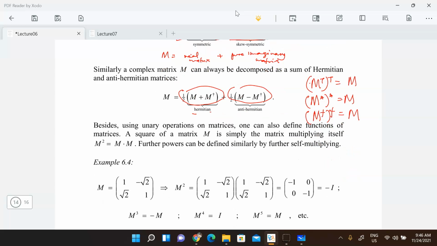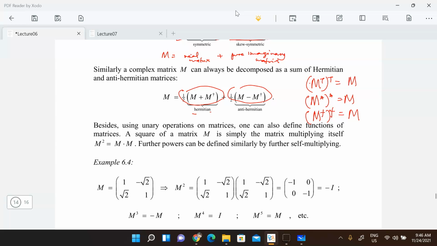Now, what other unary operations can one actually try to do? Well, one other possibility is to have a square. You multiply the matrix with itself. That gives you a new matrix, which we call M squared.